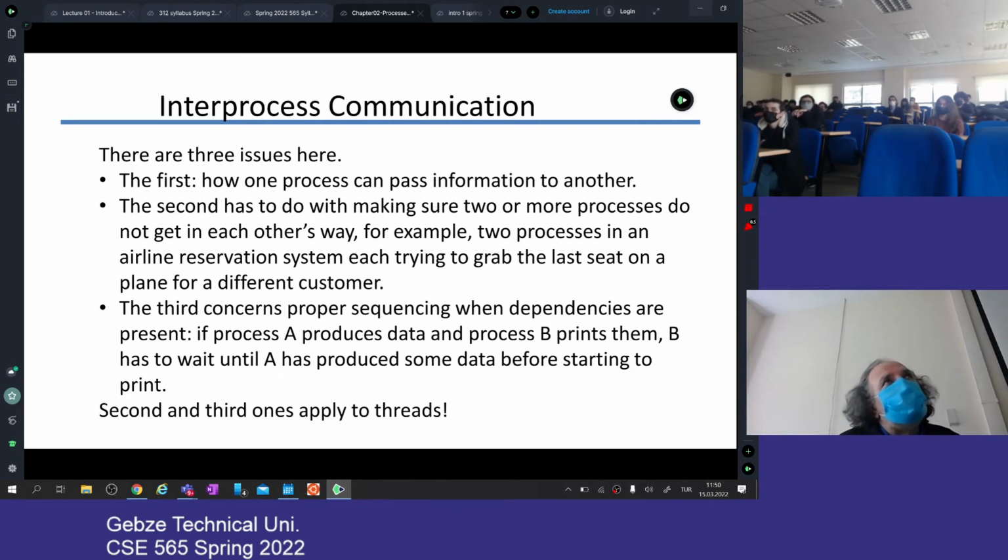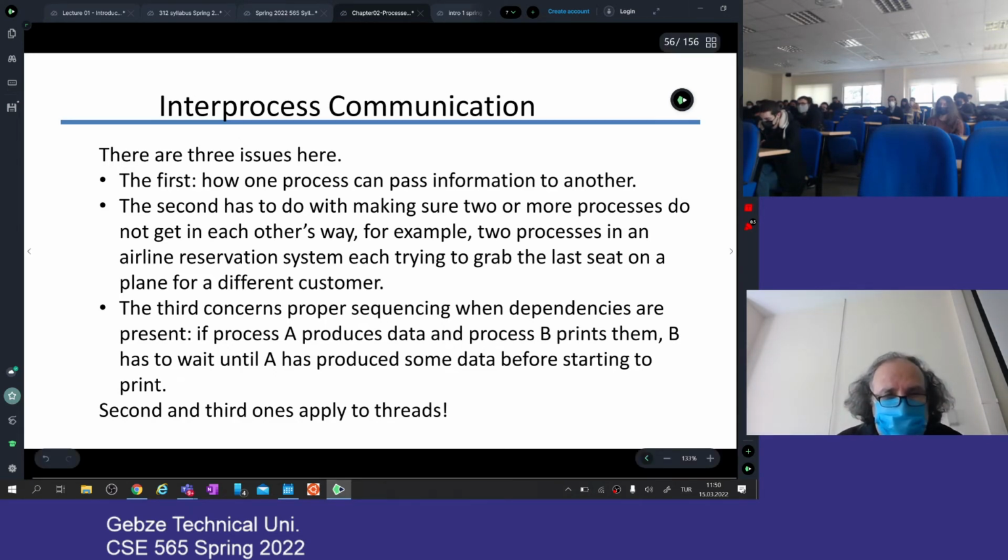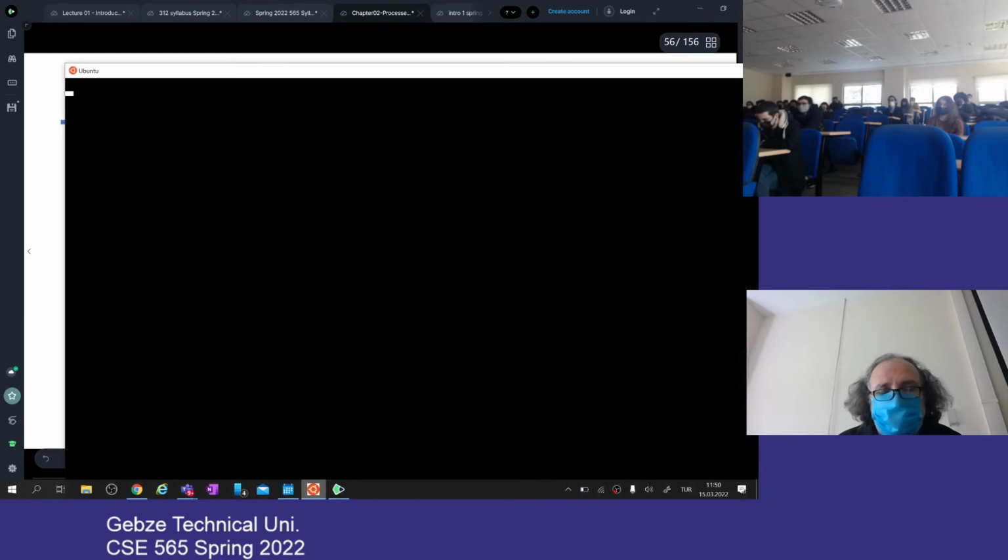Okay, let's say one of the threads is making some data, and the other thread is using it. Remember, these are two processes, but you may think of it like that.